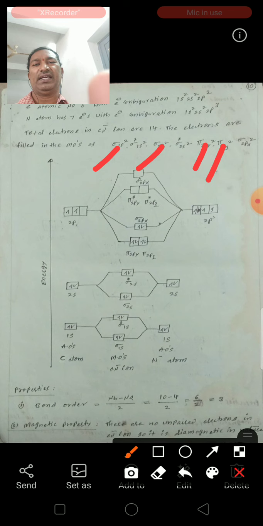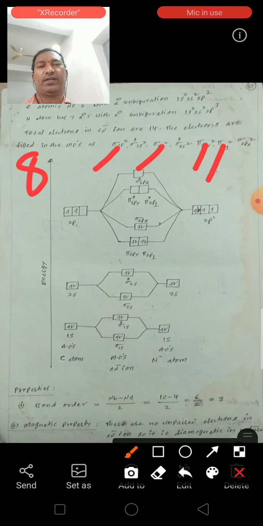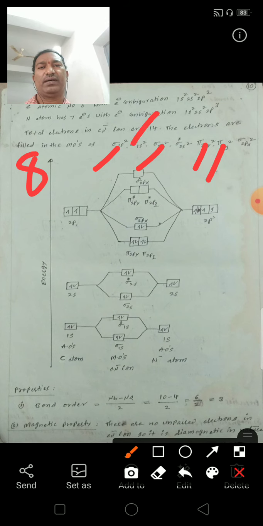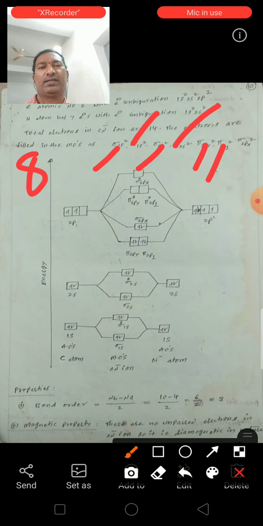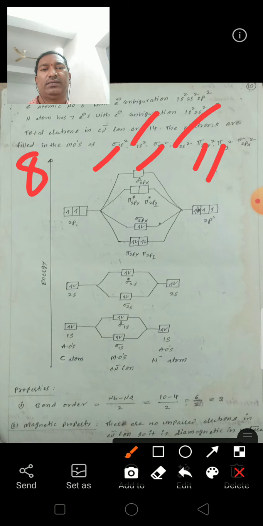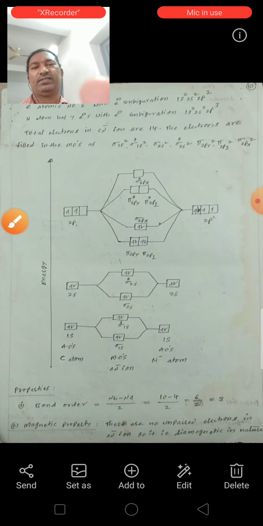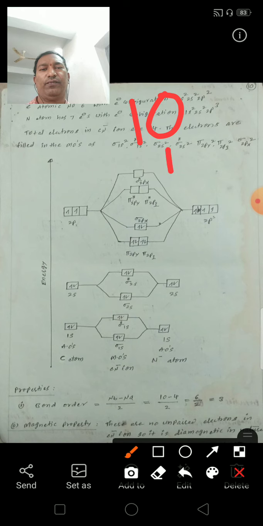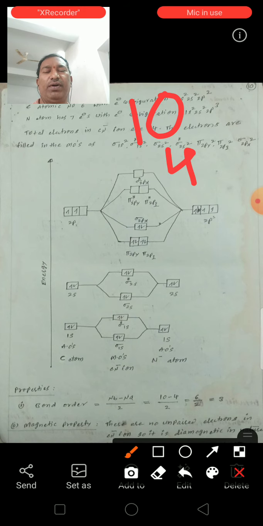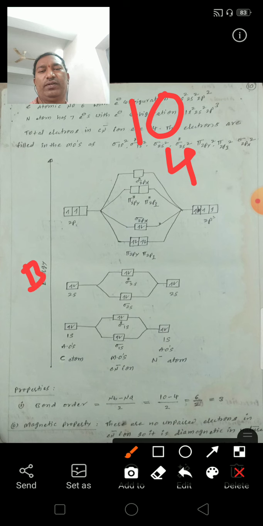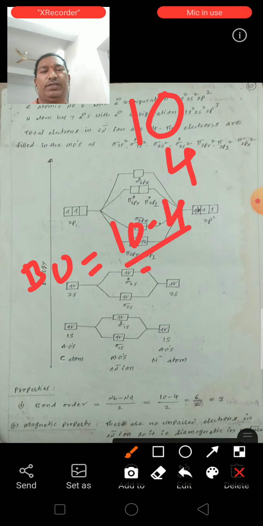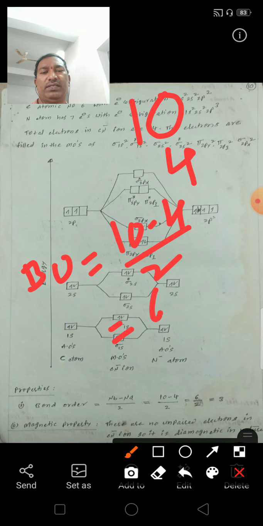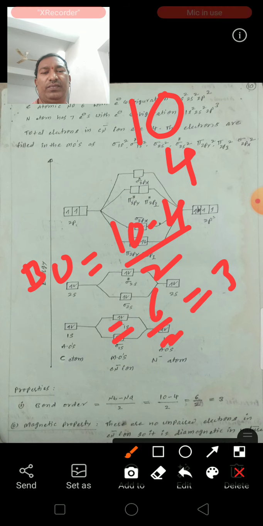So that means 10 electrons in bonding molecular orbitals and 4 electrons in antibonding molecular orbitals. So bond order is (10 minus 4) by 2, that means 6 by 2, that means 3.